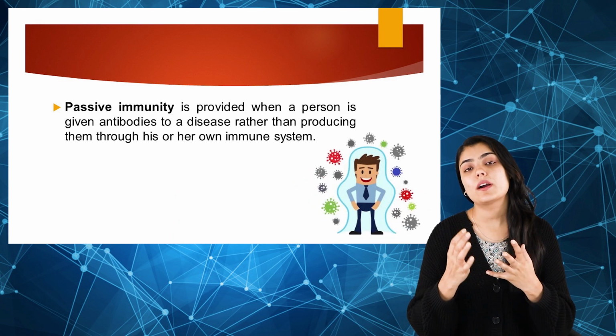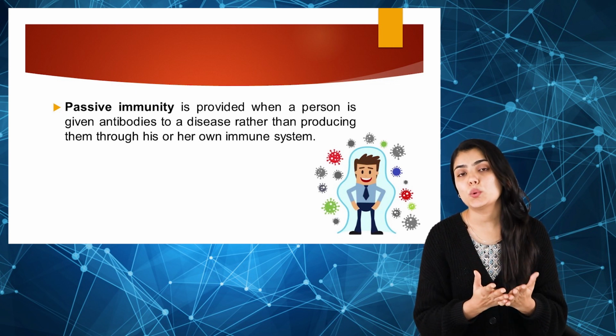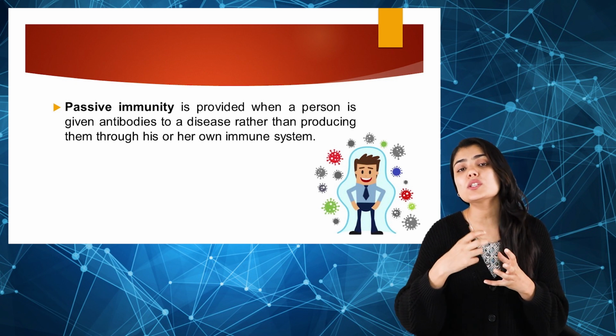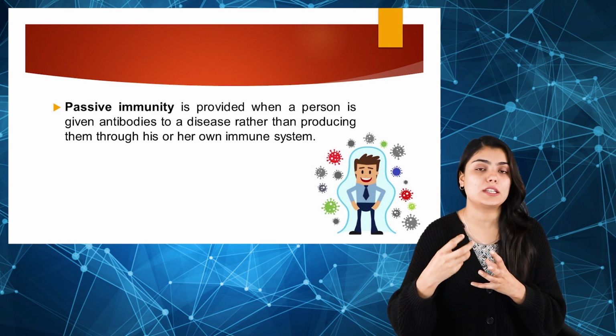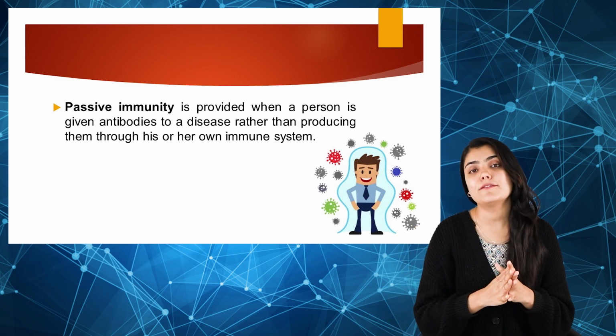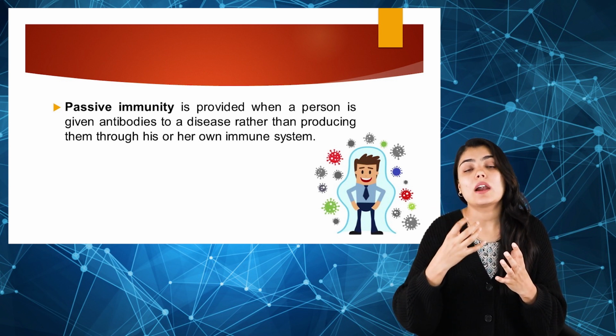The second type of acquired immunity is passive immunity. Now, acquired immunity, as we know, is acquired over a period of time, but the person's own body is producing the antibodies that are required to fight against the disease. But in passive immunity, the immunity is not produced in our own body.